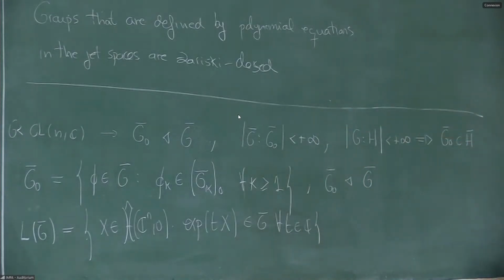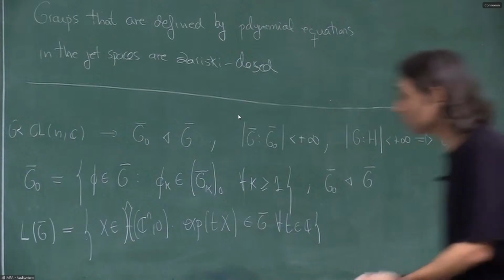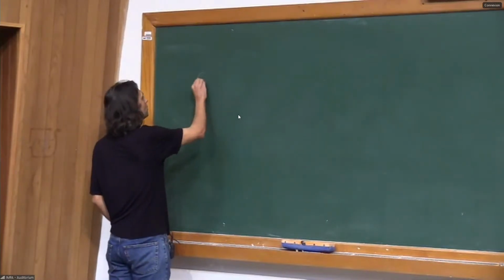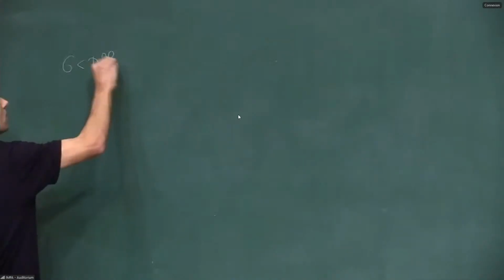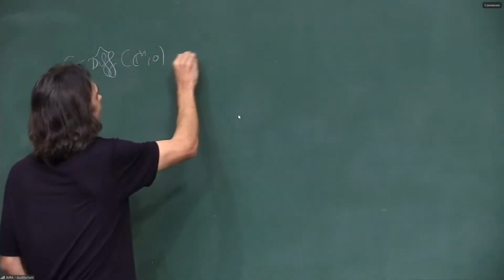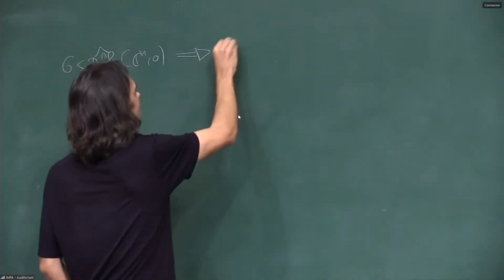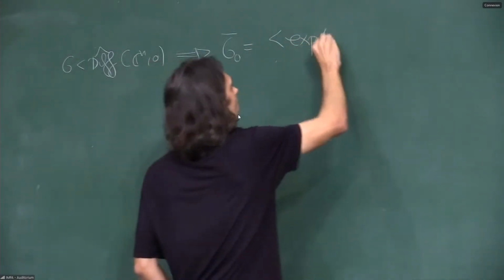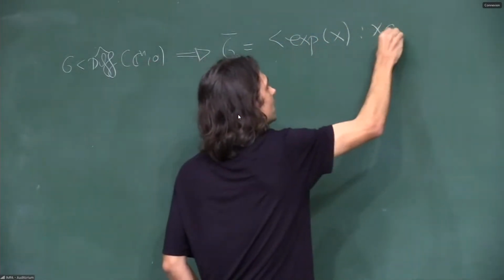And there are properties that you recover that are similar to the properties of Lie groups. For instance, if you have a group of diffeomorphisms, formal or analytic, this connected component of the identity is actually generated by the exponential of elements in the Lie algebra.